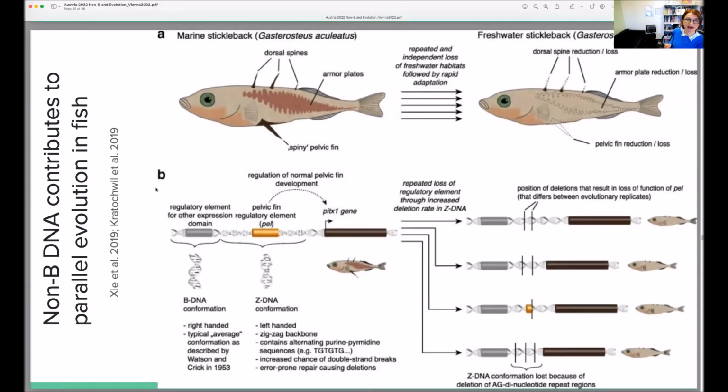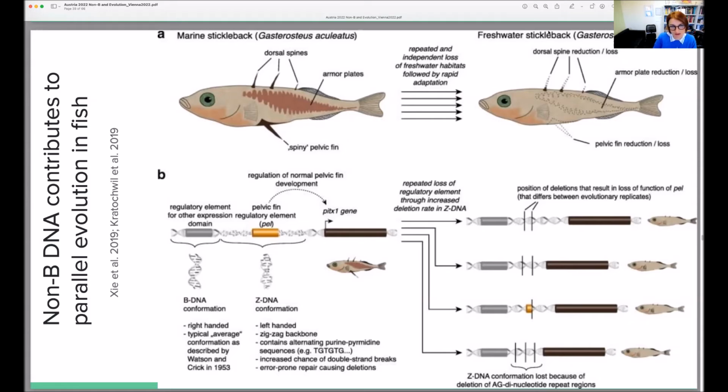So in stickleback fish, there are two populations, marine populations and freshwater populations. Morphologically, they differ in the presence or absence of dorsal spines and spiny pelvic fins.